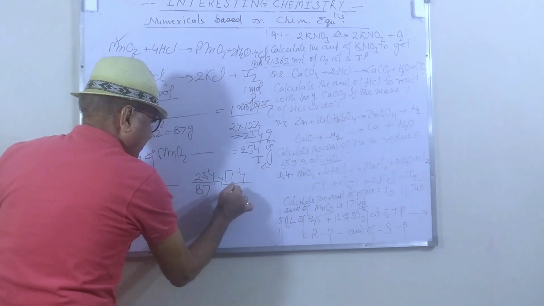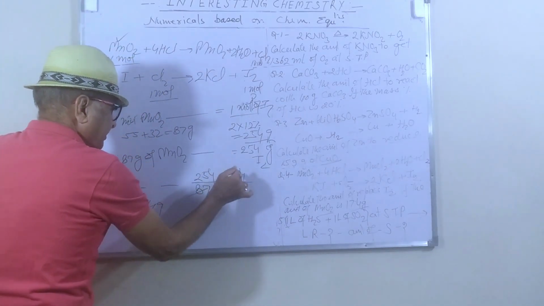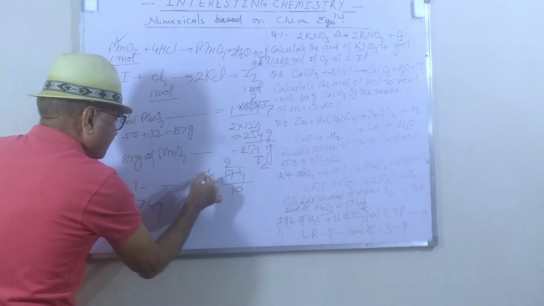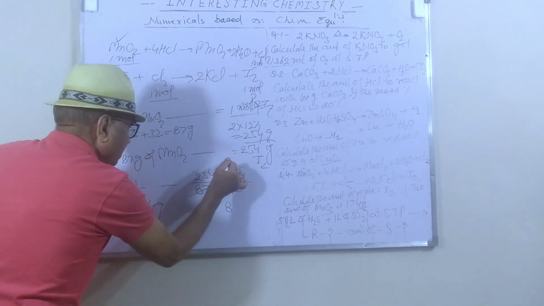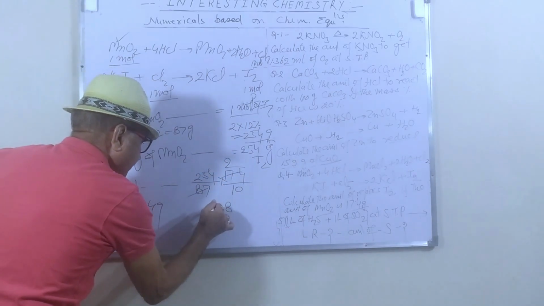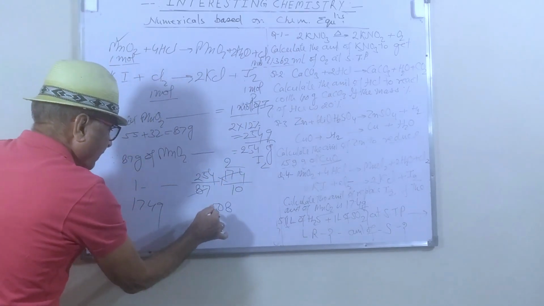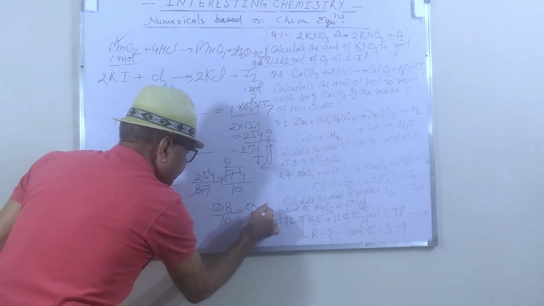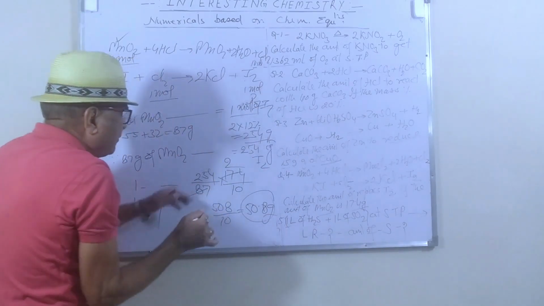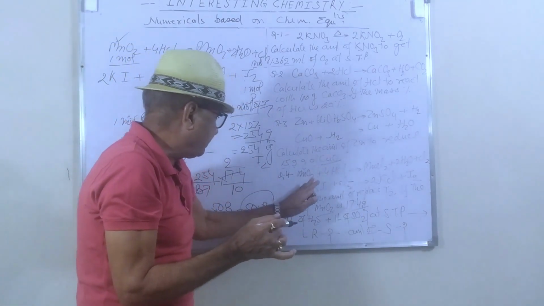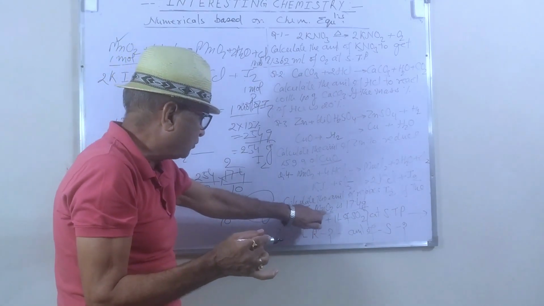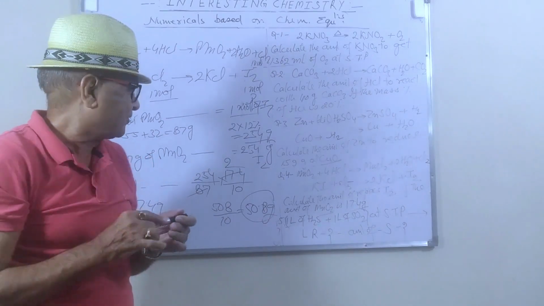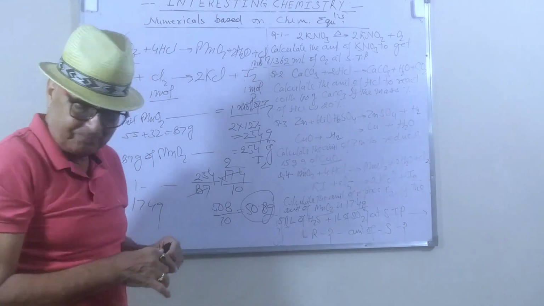So again you can calculate, and it comes to 50.8 gram of iodine that will be replaced from this MnO2, 17.4 gram of the MnO2. I think that you have understood the fourth question.